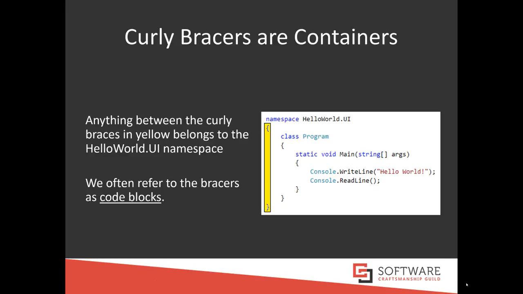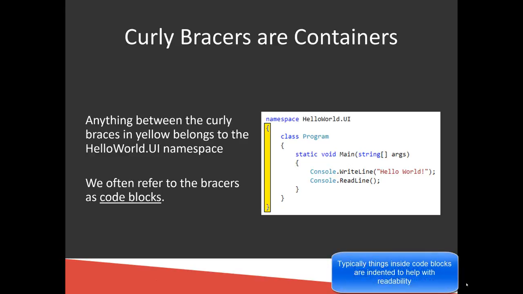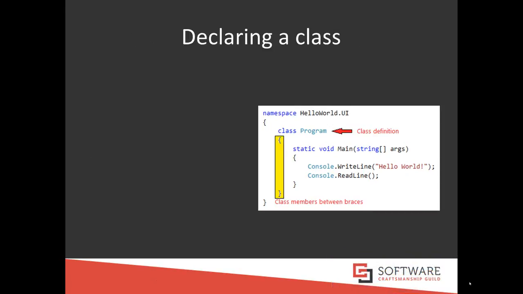Anything between the yellow, in this case the class Program, belongs to the HelloWorld.UI namespace. We call these braces code blocks. Dropping down into our namespace's code block, the next line is a class definition for a class called Program.